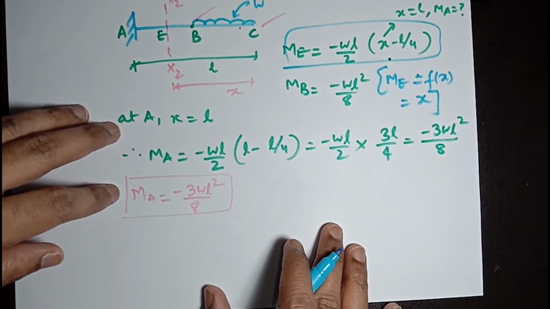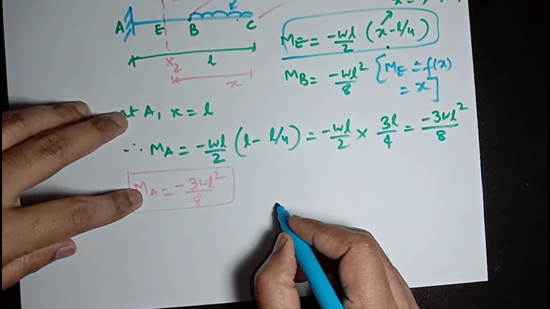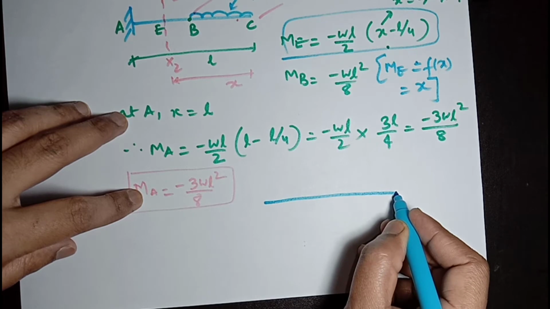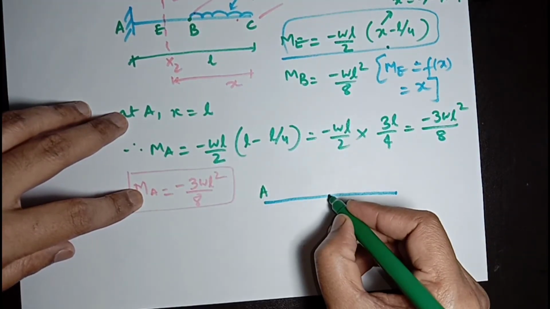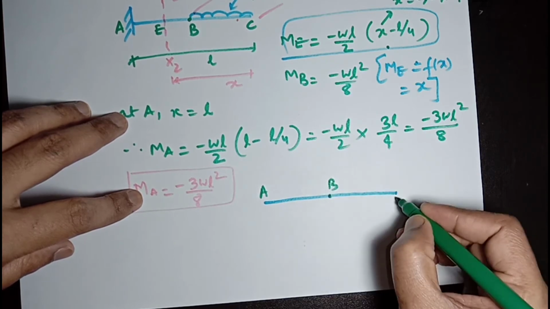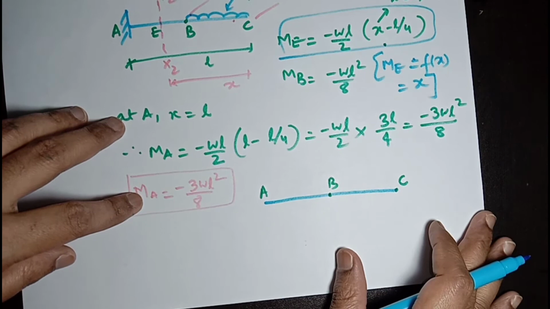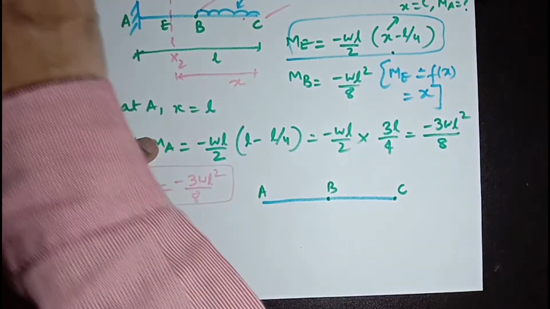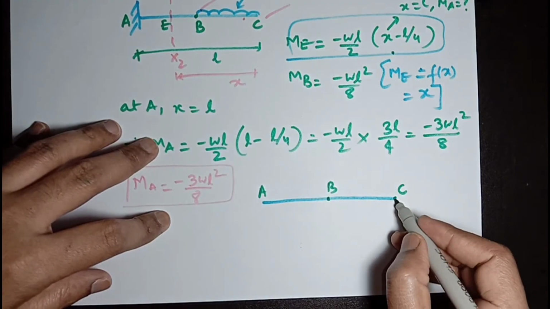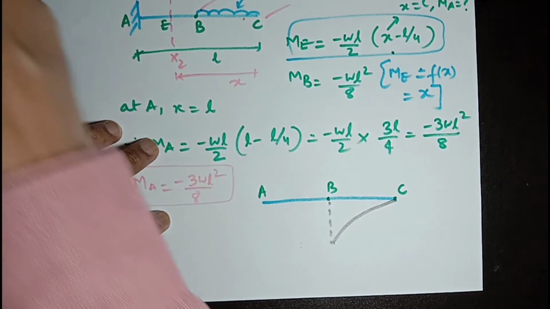So we can draw the bending moment curve here. The bending moment curve will be here. The baseline of this beam is here. The fixed end is A. Center of this beam is B, and free end is C. Therefore, from B to C, it will be a parabolic curve of maximum value will be here.